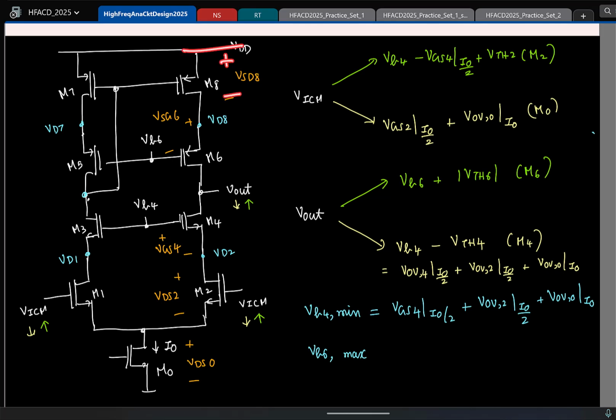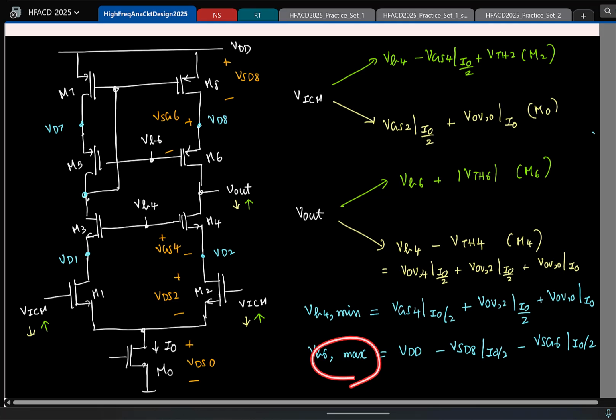So VDD minus source to drain of M8 minus source to gate of M6, that is VB6. Let me write it now. So this is VDD minus source to drain of M8 at a current I0 by 2, minus source to gate of M6 at a current I0 by 2.